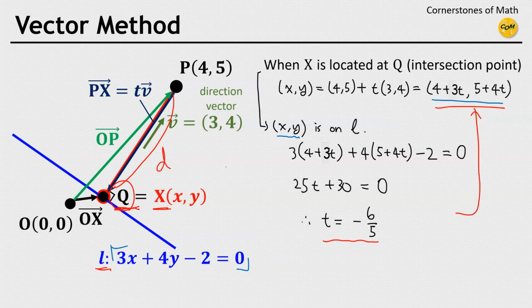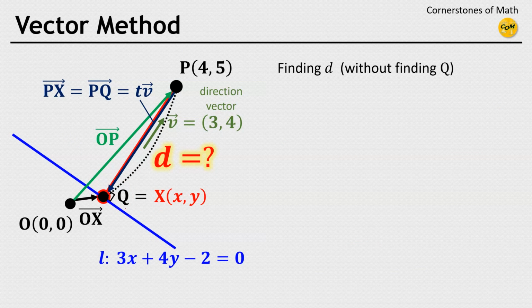But actually, we don't even need to find the intersection point Q in order to find the distance d. Because you see, d is the magnitude of vector PQ, which I will denote using the absolute value notation. And this vector PQ is equal to t times vector v when t has this value.